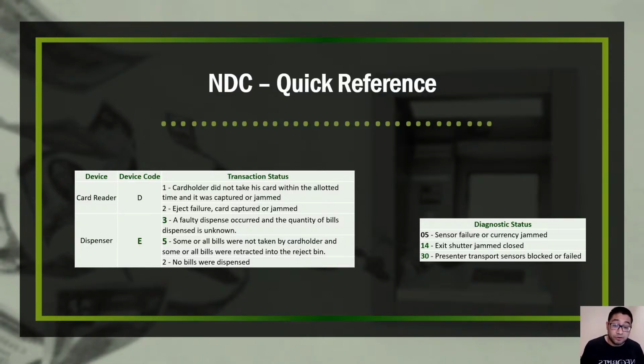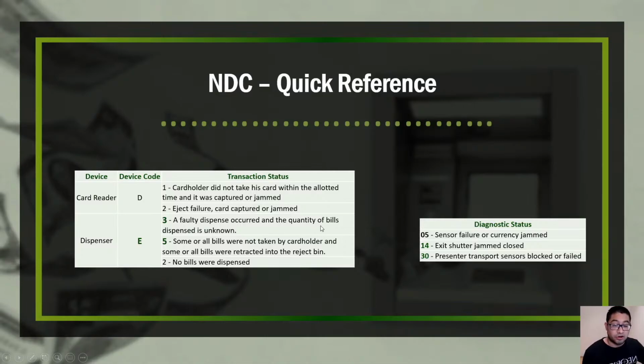If I have an E5 error, it will tell me that the bills were not taken by the cardholder or were retracted to the reject bin. NCR has a paper that talks about transaction reversal fraud, and they say that if you want to focus on transaction reversal fraud errors, you will have to look for E3 and E5.